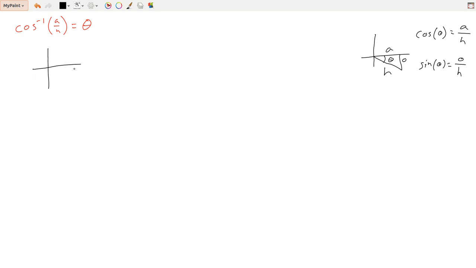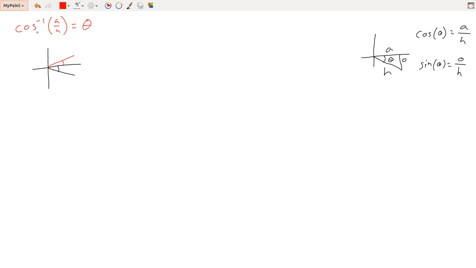Here again is the xy plane. So here's our angle, theta. And in this case, a over h is going to be a positive value because a is a positive x value and the hypotenuse is always positive. So an angle that would give you an identical ratio, a over h, would just be the negative of that.